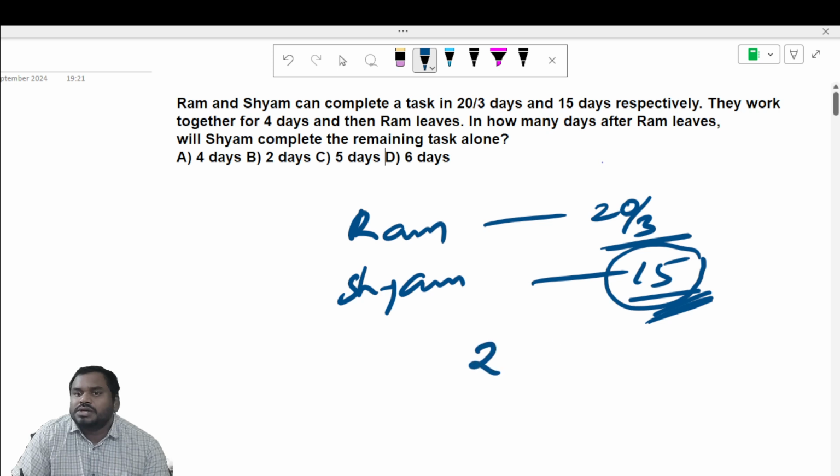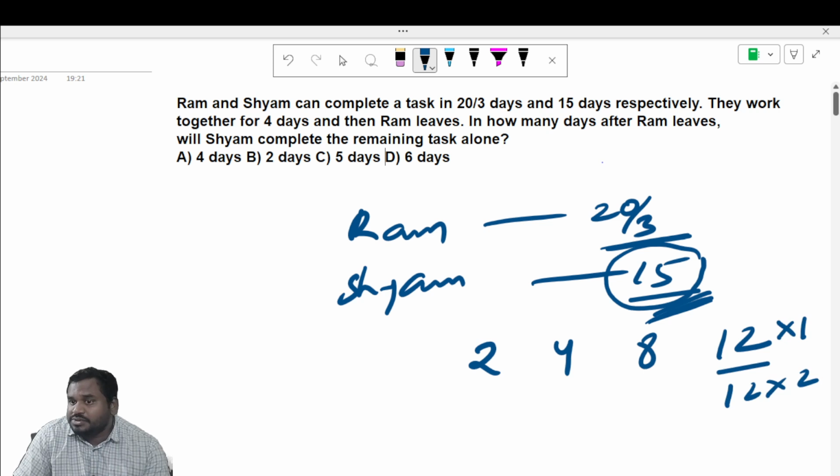Suppose there are 2, 4, 8 and 12. To find their LCM, how can you find it? Just take the larger number, multiply with 1, multiply with 2, like that. When you multiply with 1, verify whether the result, 12 here, is divisible by 4, 8 and 2 with remainder 0, then that will become their LCM. 12 will not be divided by 8, but even though it is divisible by 4 and 2, it won't be divisible by 8, so it cannot be the LCM.